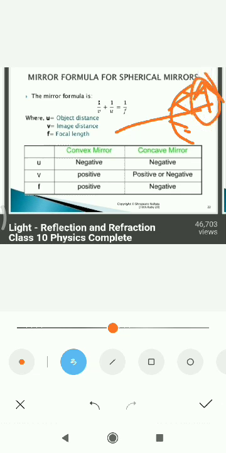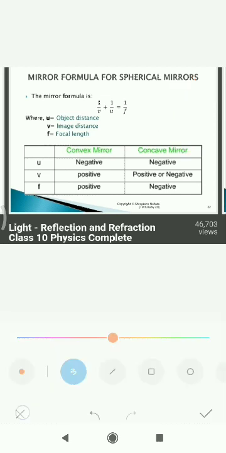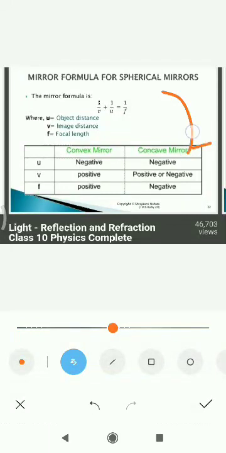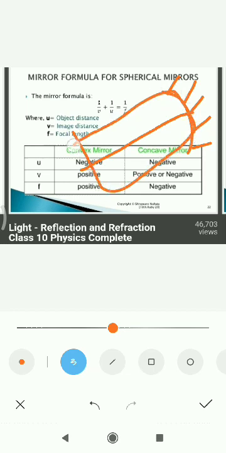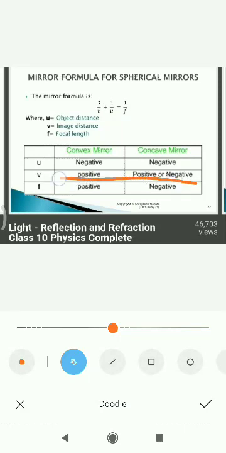For the concave mirror, most of the images are formed in front of the mirror, and only two images are formed inside the mirror. So most of them are negative, because from the origin they go to the left side. And f is positive for the convex mirror and negative for the concave mirror.